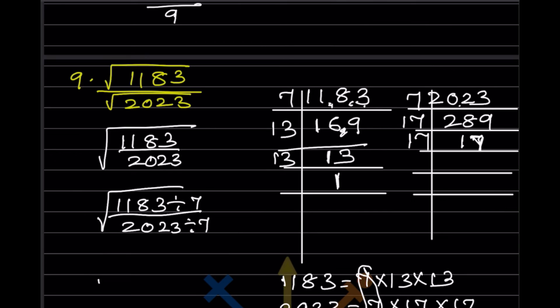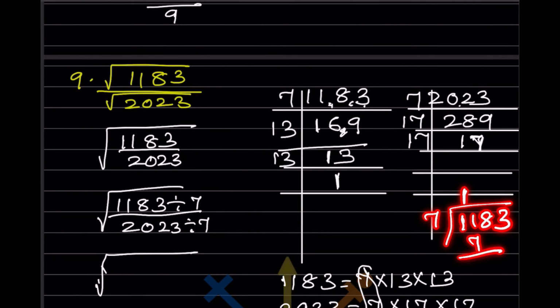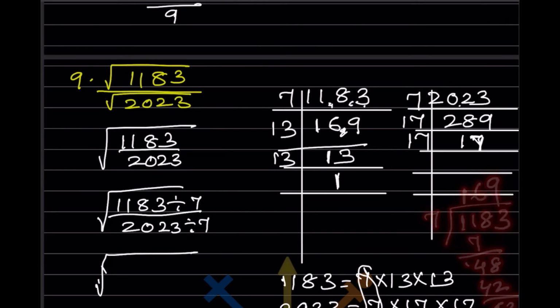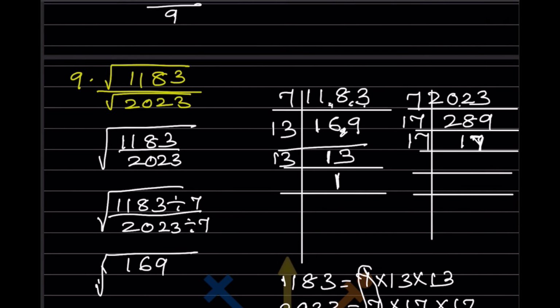Let me do it roughly over here, 1183 divided by 7. 7 ones are 7, 48, so 7 6s are 42, and then 63, so 7 9s are 63, so we get 169. So here I'll write 169 over here.